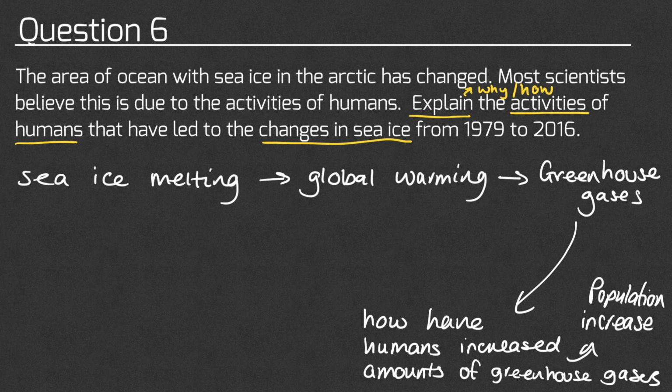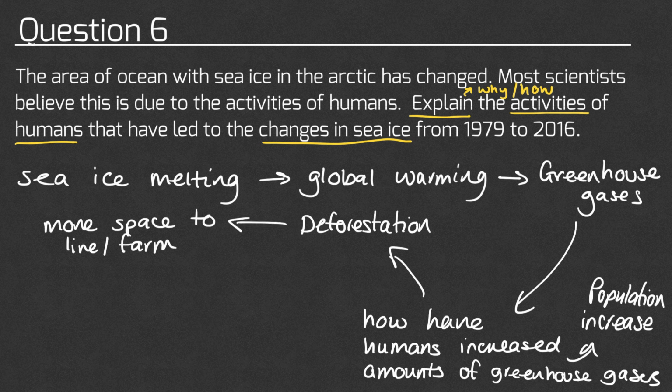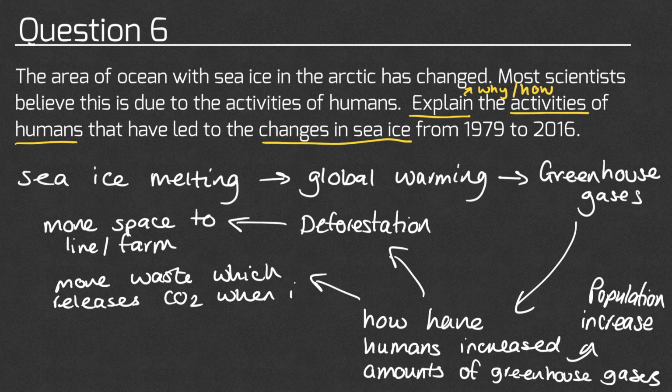And all of these reasons stem from the fact that the human population has increased. So one thing we've done is we've cut down all the forests, we've caused deforestation. And we've done that because we need more space to live and to farm to grow crops. We've also produced more waste, and that releases carbon dioxide when it decomposes.